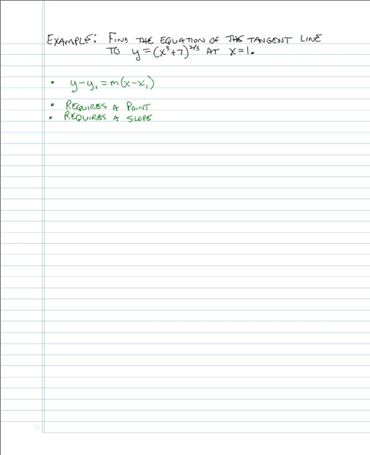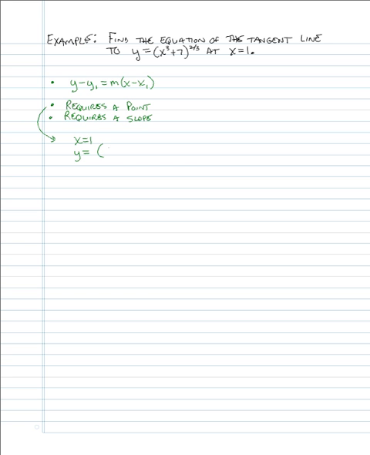Now, we've had this discussion before. We're talking about the equation of a tangent line. But that tangent line shares a point with the graph. And the point it shares is when x is equal to 1. So what we have to end up doing is finding the y value of the point. We know x is 1. And the y value of the point, of course, we put a 1 in for x.